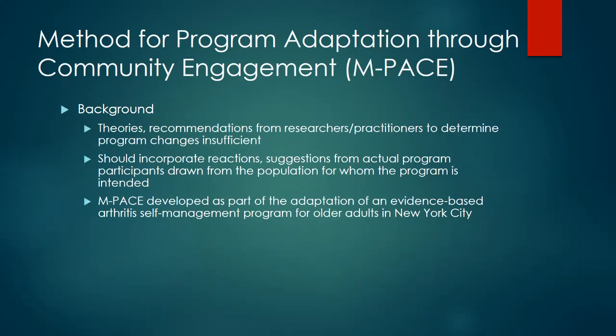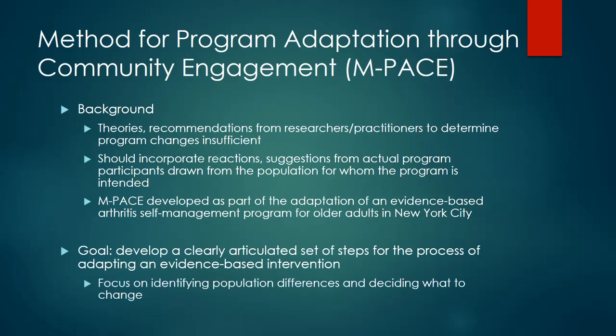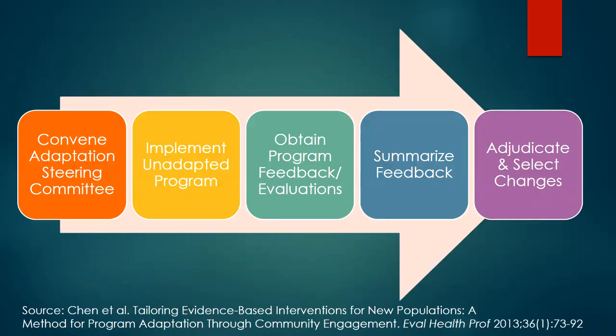And the MPACE model incorporates suggestions from program participants, from the population where you're intending to implement it, and makes changes based on their feedback, along with content experts and other stakeholders. The goal of this was to develop a clearly articulated set of steps for the process of adapting an evidence-based intervention, with a focus on identifying population differences and then deciding what to change based on those.